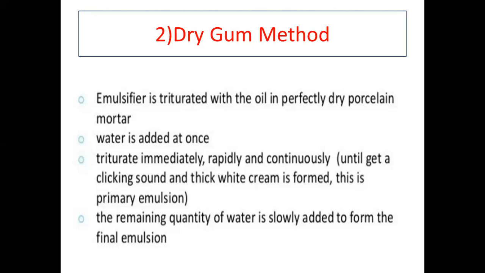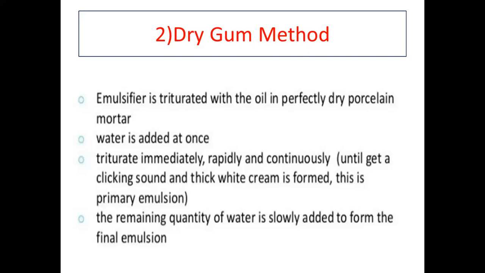What did you take first in the wet gum method? In wet gum, did you take gum and oil, or gum and water? Gum and water, after that you added. So here in dry gum method, firstly take the oil in the mortar and then add the acacia, triturate it to form a uniform mixture and then add the water.